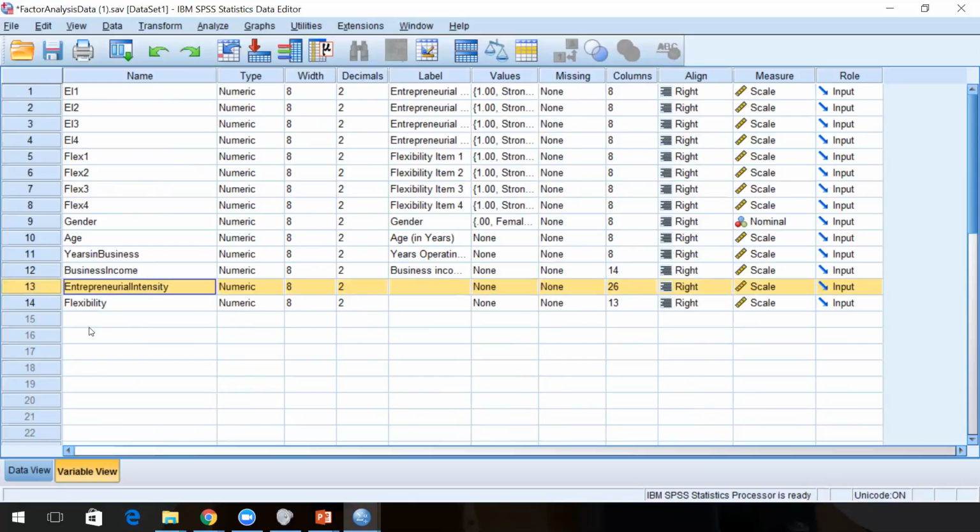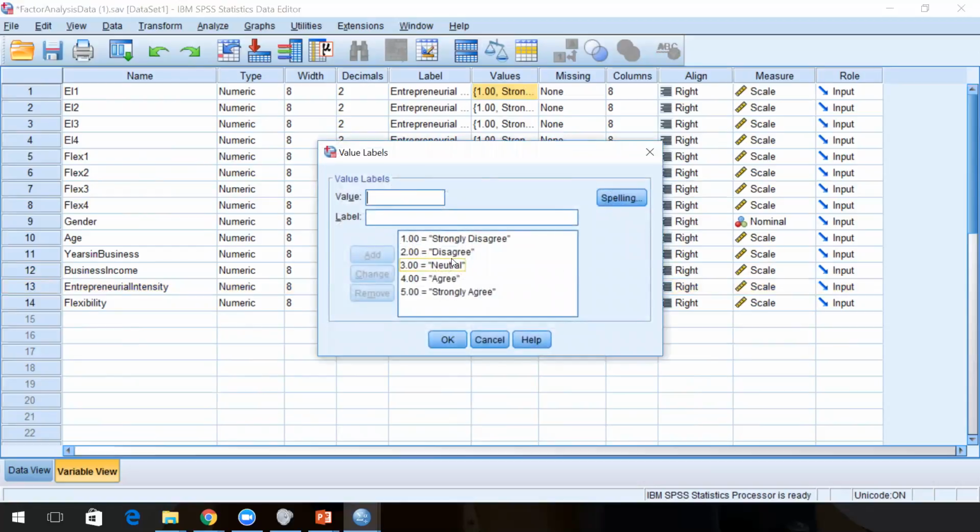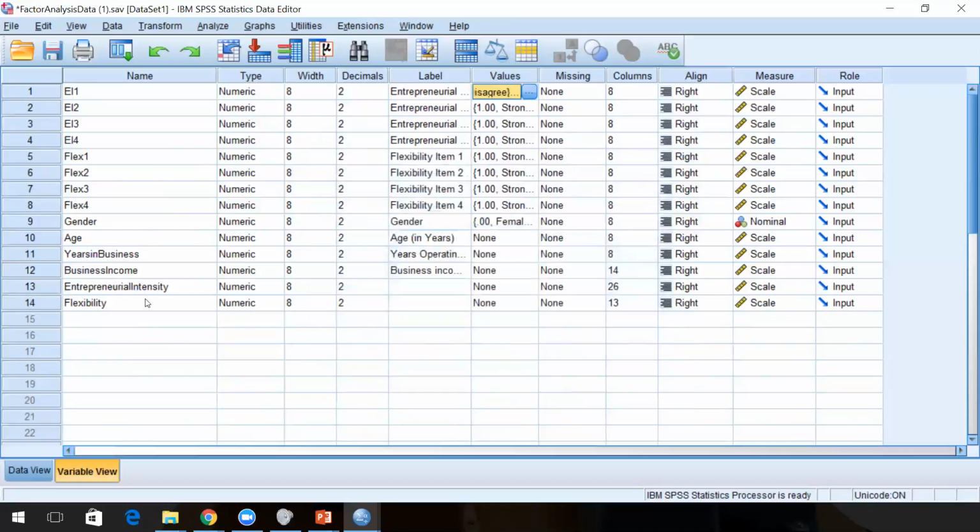But we assumed that they were interval because we're using a Likert scale. And again, people tend to view the 5 categories on a Likert scale as equidistant. Thus, if we translate those categories into numbers, the numbers essentially represent equal distance from each other. All right, so intensity and flexibility are interval, no problems.